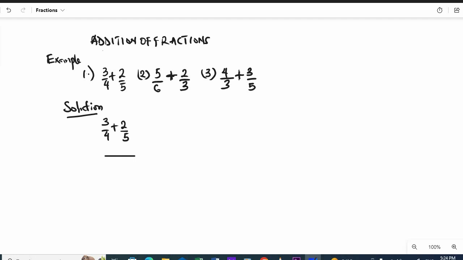In a case like this where 4 and 5 have no common factors, the easiest way to find the LCM is just to multiply 4 by 5, which gives 20. That's if there are no common factors between the two numbers. So the LCM is 20.